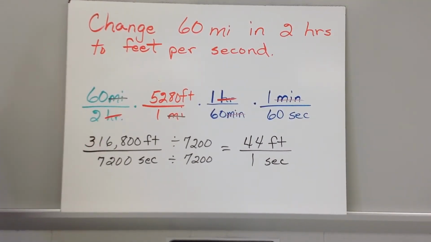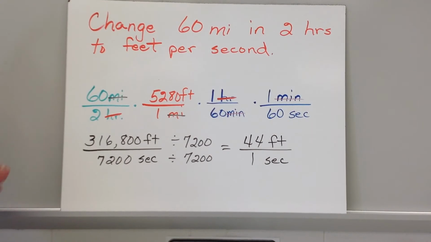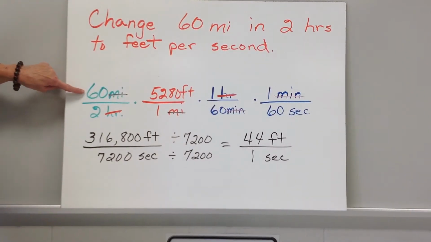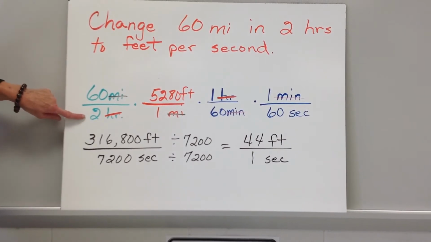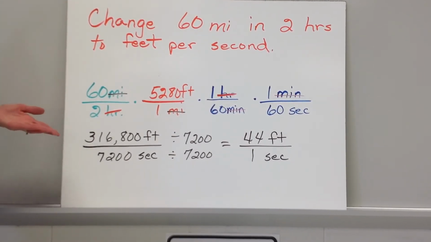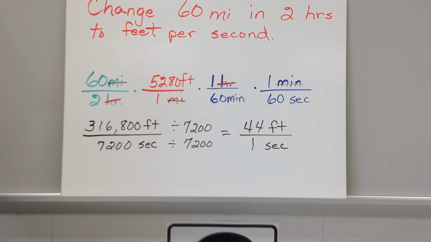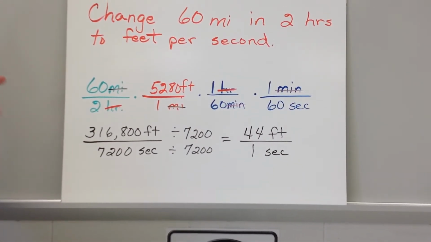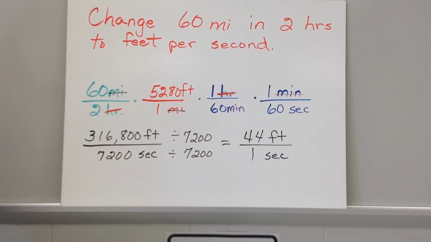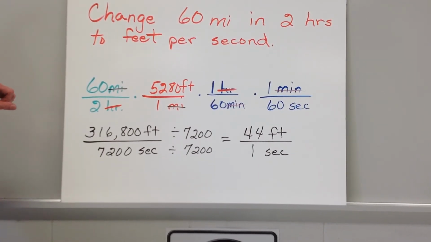We're still going to follow the same process we did before. This time, it says 60 miles in 2 hours, so we're going to put 60 miles over 2 hours. We're going to change the miles to feet first. It really doesn't matter whether you change the hours to seconds or the miles to feet first, but we're going to do the miles to feet.